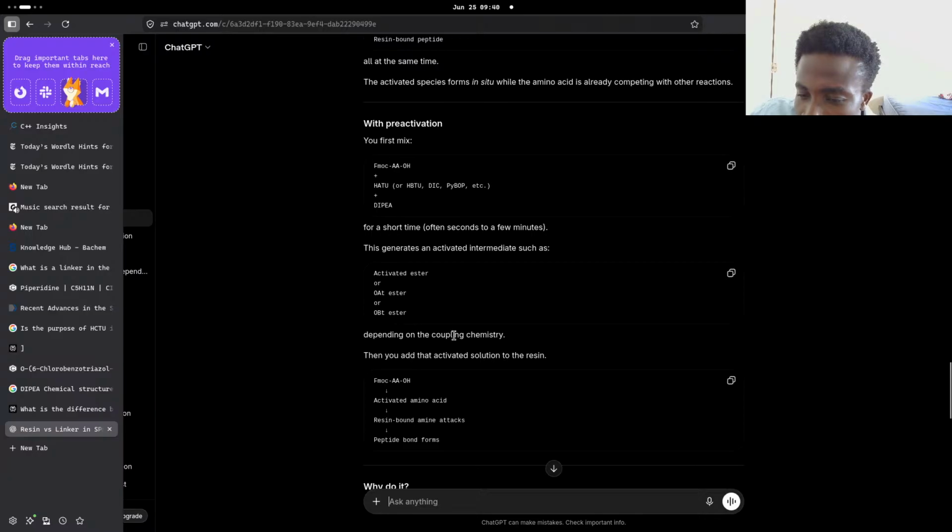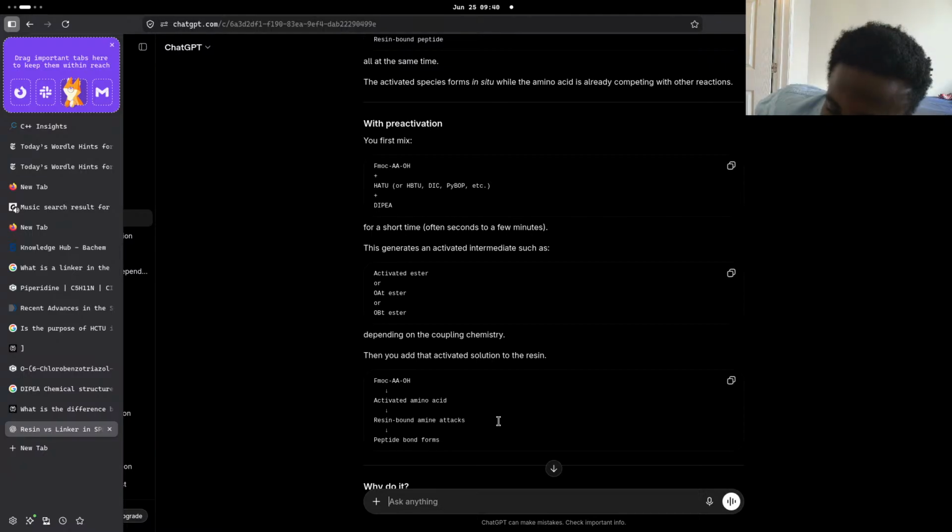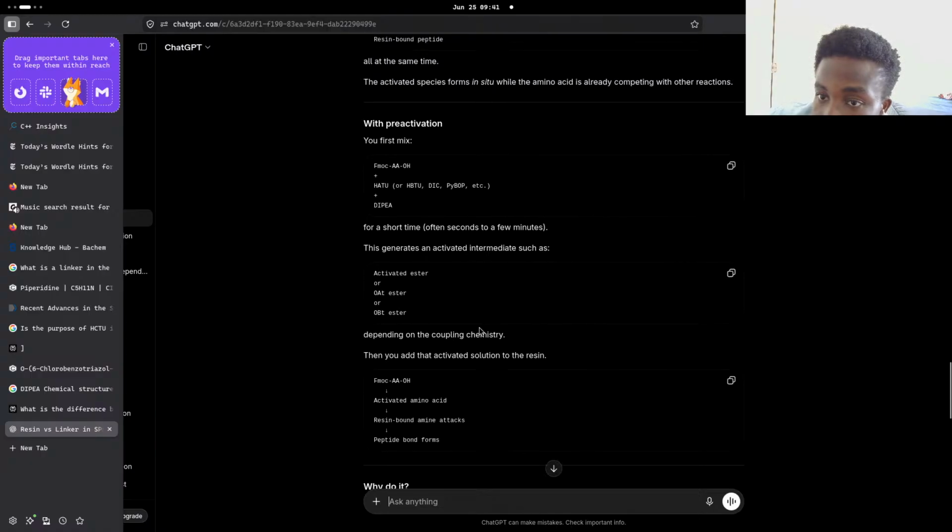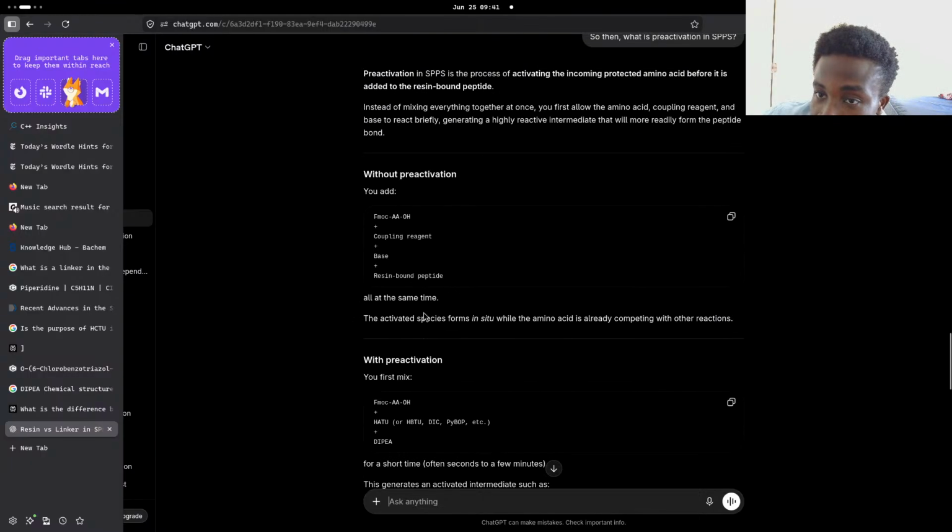Then you add that activated amino acid to the resin, and the resin-bound amine attacks. Oh, this is with pre-activation. So without pre-activation, you add this all at the same time.